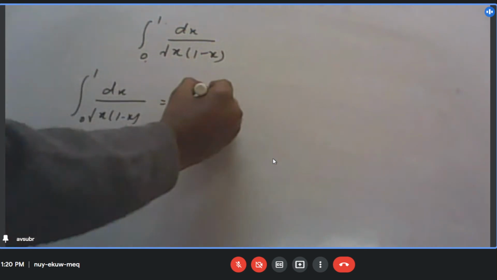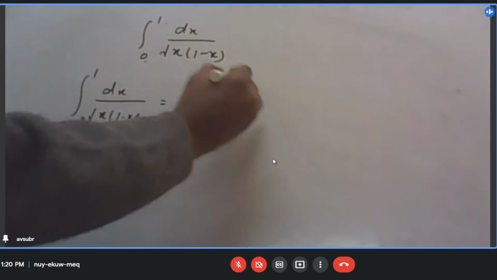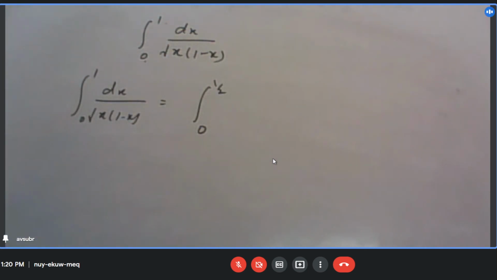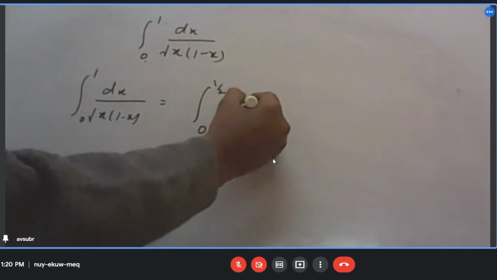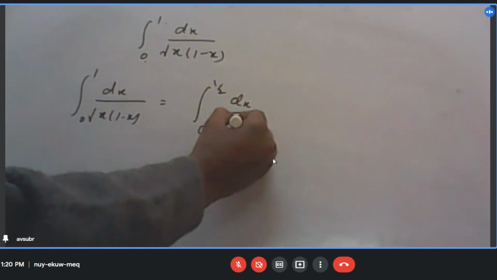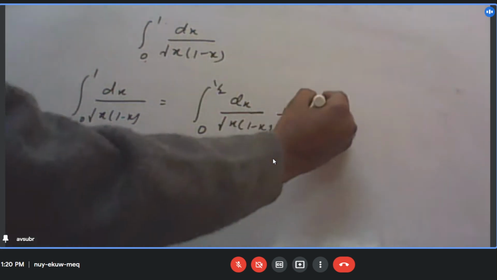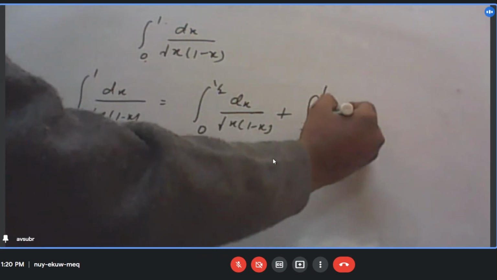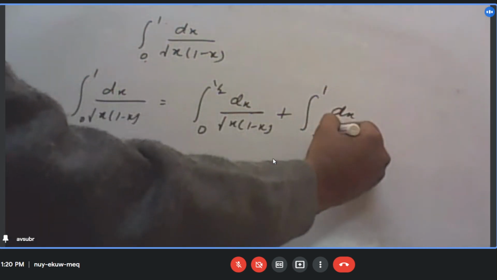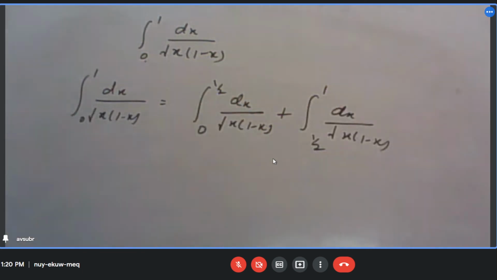Let us say we divide it in half, so 1 by 2: the integral of dx by root x(1 minus x) from 0 to 1 by 2, plus the integral from 1 by 2 to 1 of dx by root x(1 minus x). So we have chosen a point C, half.